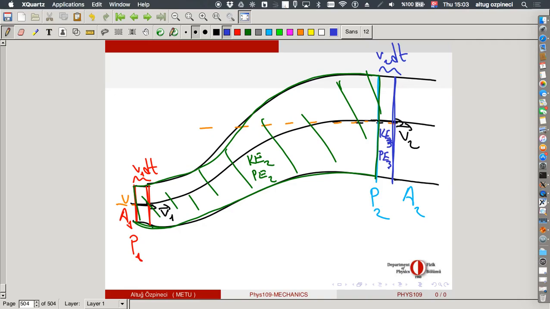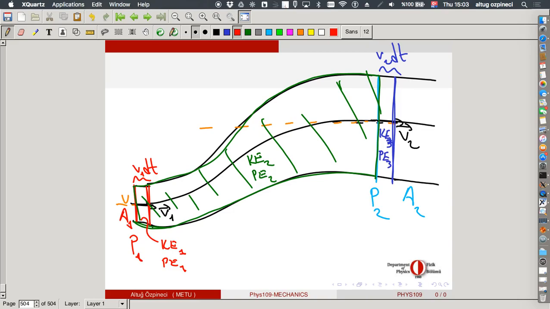And in this region, I have kinetic energy 3, potential energy 3. For the time being, I don't know what their expressions are, but let's say that the total kinetic energy in this volume is this one, the total potential energy of this volume is this one, etc.